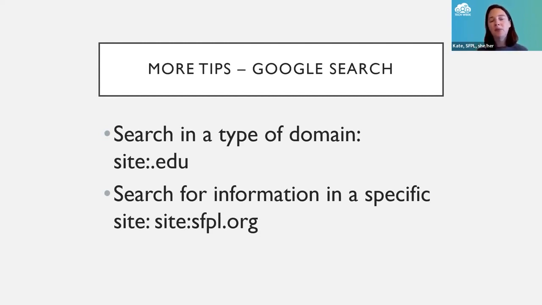Similarly, there may be times when you know the information should come from a particular website, but it's a really big website. You can tell Google to search within either a kind of website or a specific website by typing site: and then dot the domain ending you're interested in, or the domain itself.